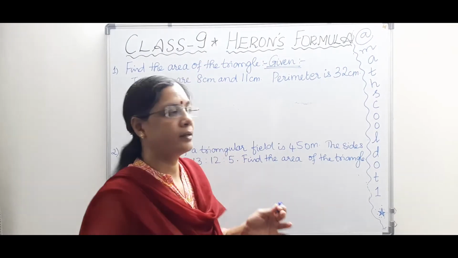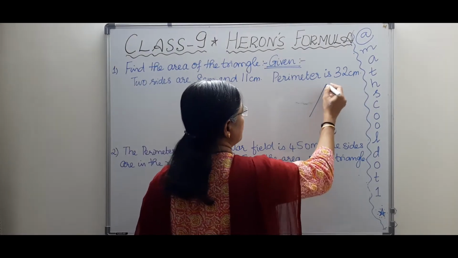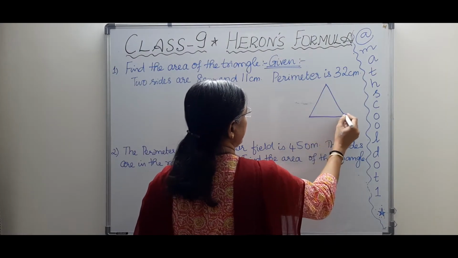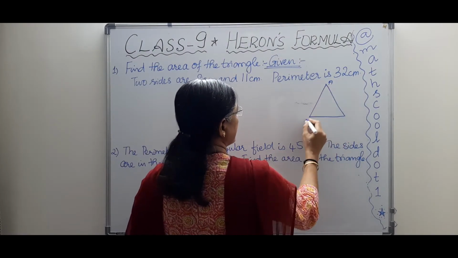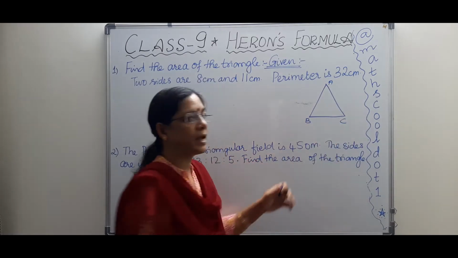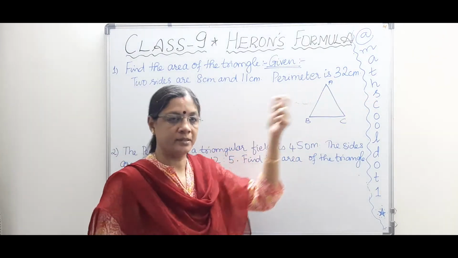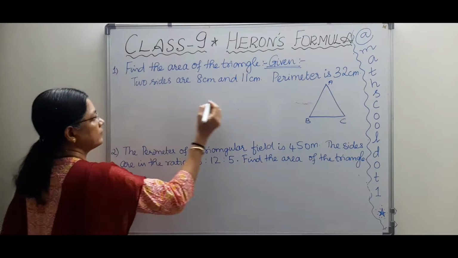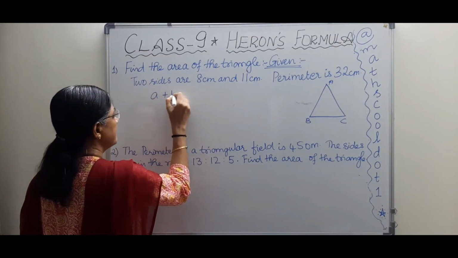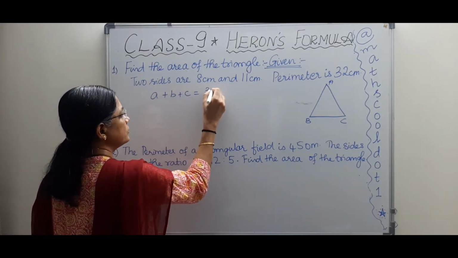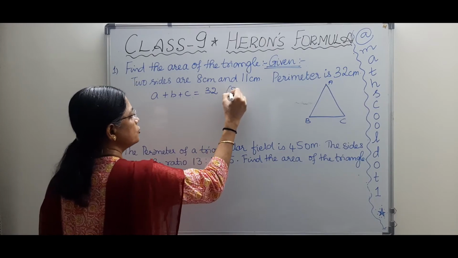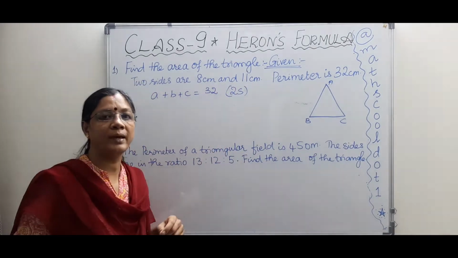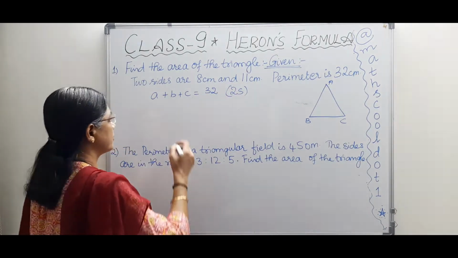So in a triangle, if the perimeter is given and two sides are given, we'll be able to find the third side, because just adding all the sides gives the perimeter. So a plus b plus c is equal to 32. That is the perimeter, which is 2s for us, according to Heron's formula.